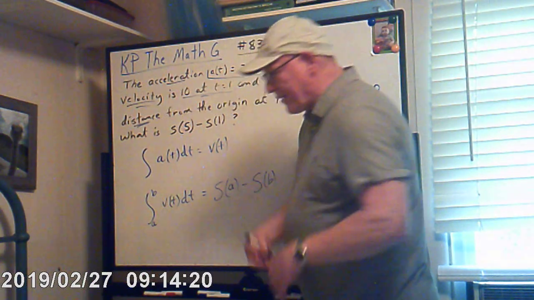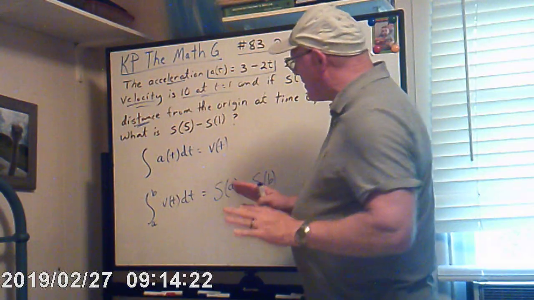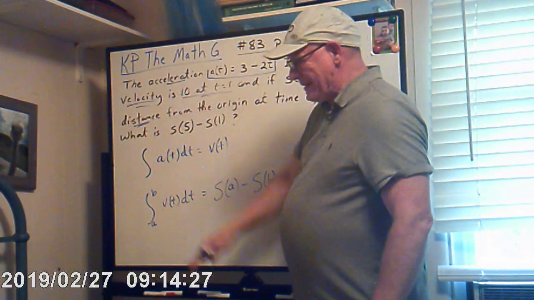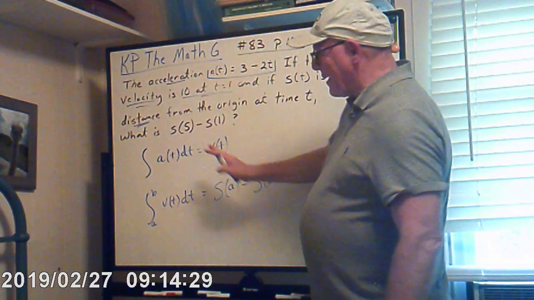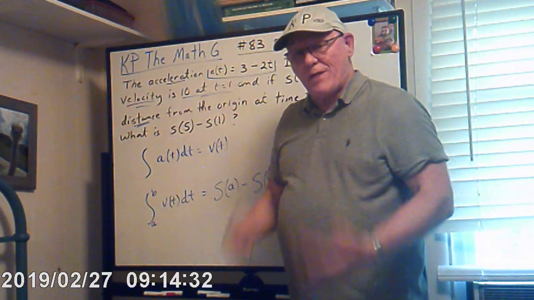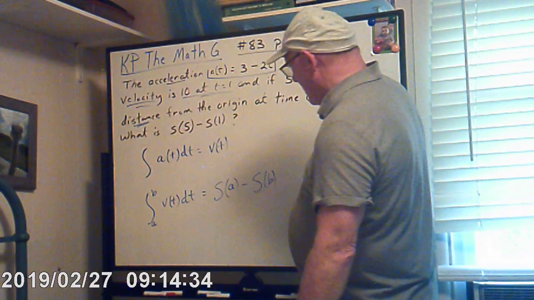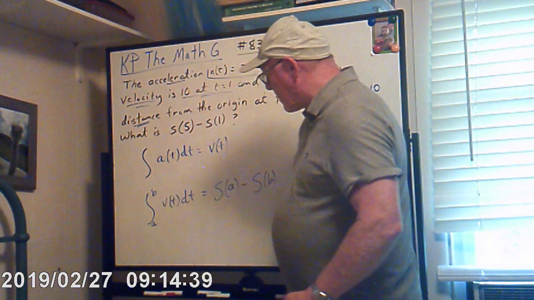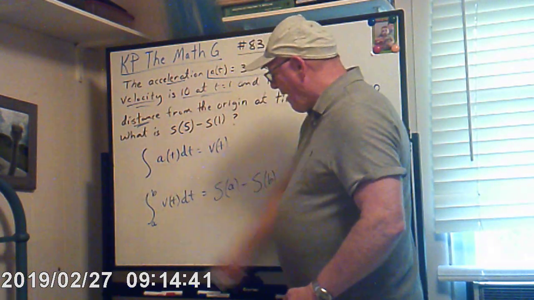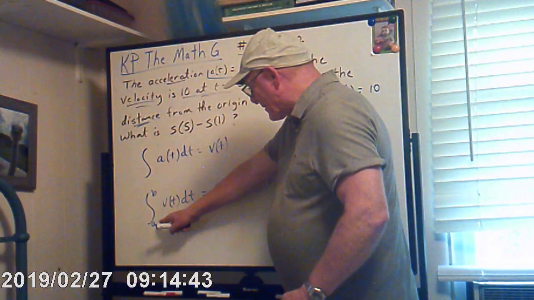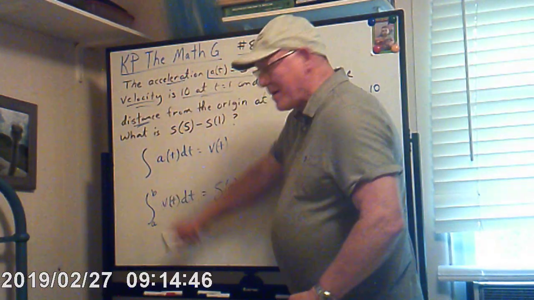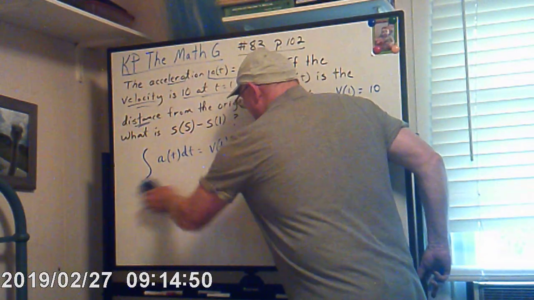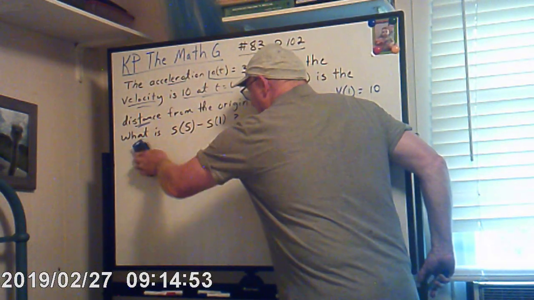So just keep in mind that when you're going from acceleration to velocity to distance, we're taking the antiderivative or a definite integral. This is an indefinite integral, and this is a definite integral because you're going from a to b. So that's what we're shooting for.